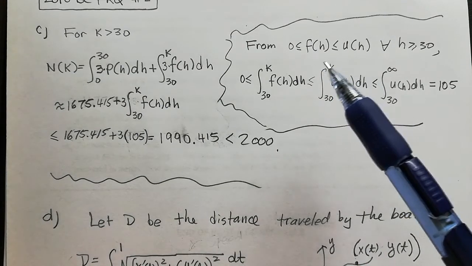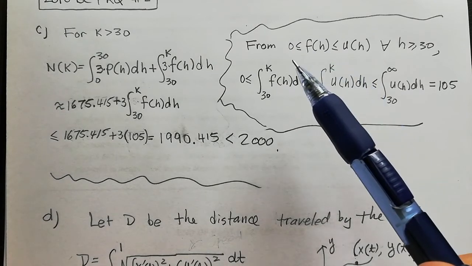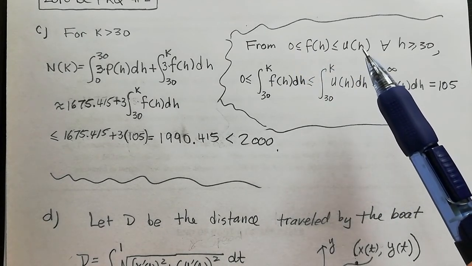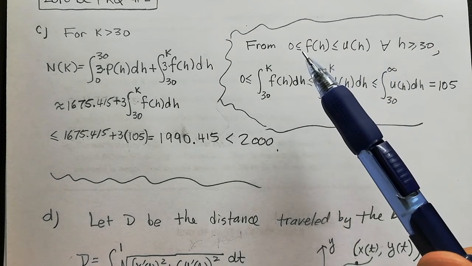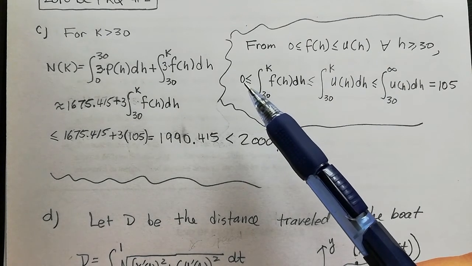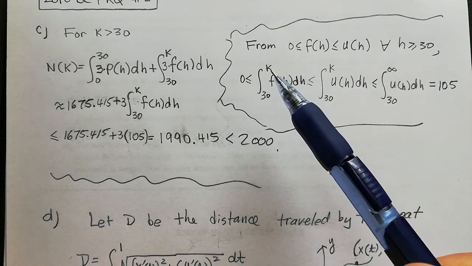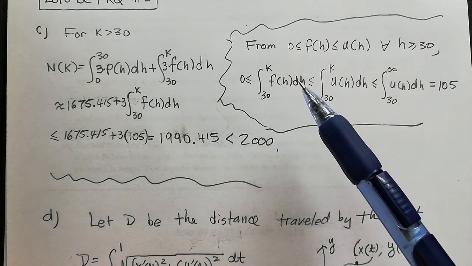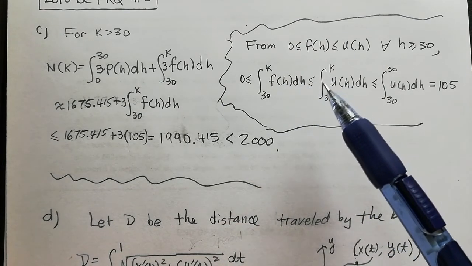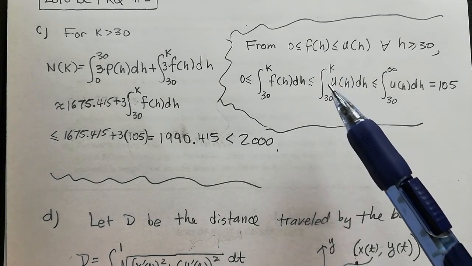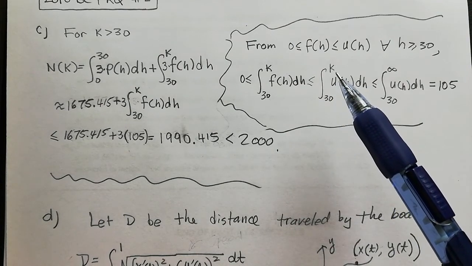The only information we know about F of H is that it's bounded by 0 and U of H. If I integrate all three functions, I get 0 less than the integral from 30 to k of F of H, less than the same thing for U from 30 to k.